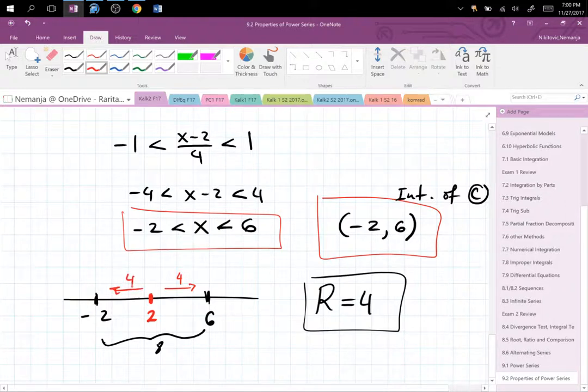So now you can see on one graph, these graphs are not required, but they're really good for understanding what is going on. The series is centered here because we had x minus 2 to begin with, but we also see that that's exactly in the middle of the interval of convergence, with the radius of convergence going each way.